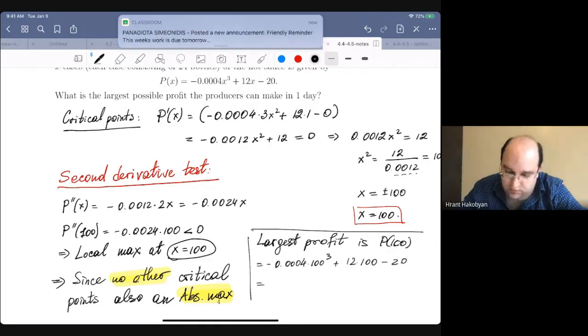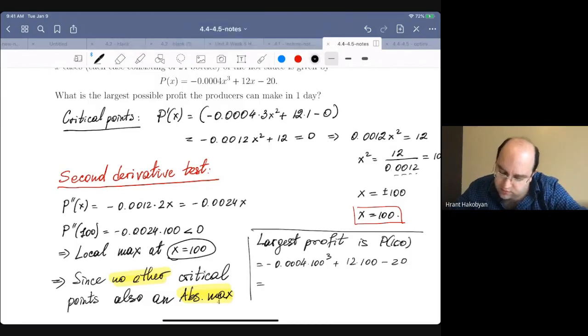If you do the calculation, you're going to get some number. So negative 400 plus 1200 minus 20.